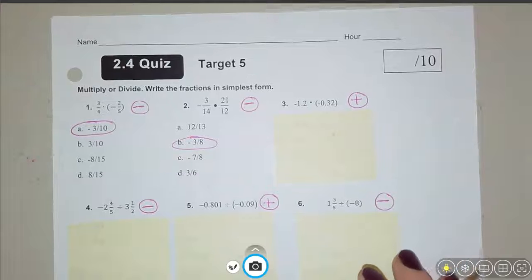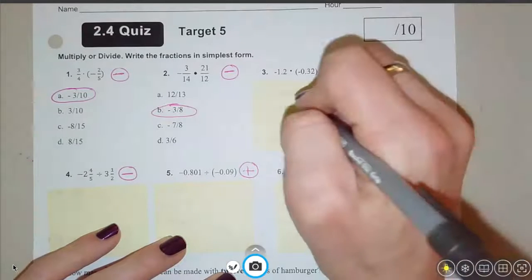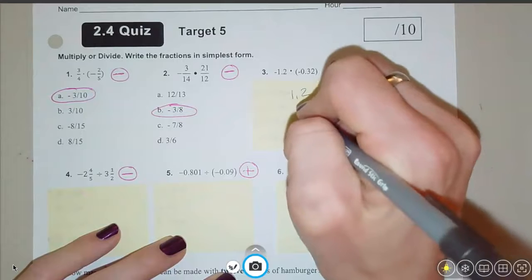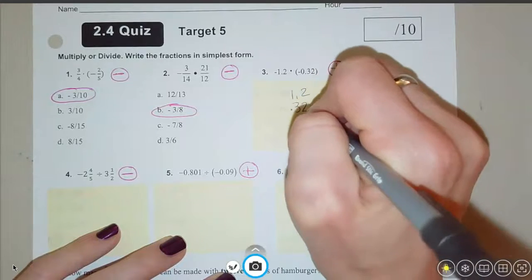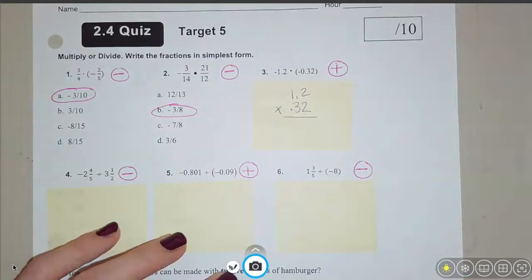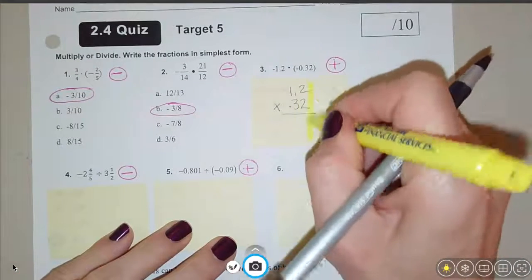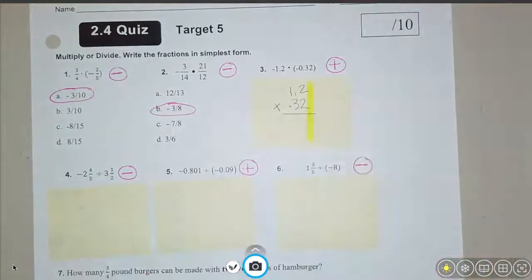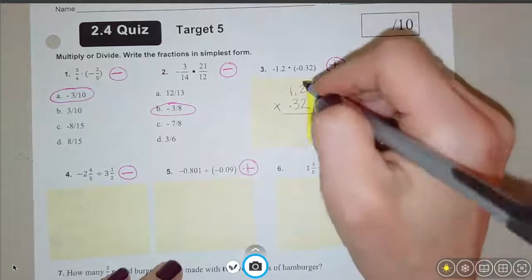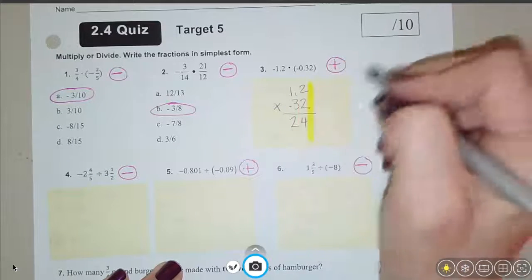Okay, number 3. Now I'm multiplying decimals. So I'm going to say 1.2 times 0.32. Again, when I multiply decimals, it doesn't matter where my decimal points are. What matters is that everything's lined up along this edge. Okay, so then I do 2 times 2 is 4. 2 times 1 is 2.